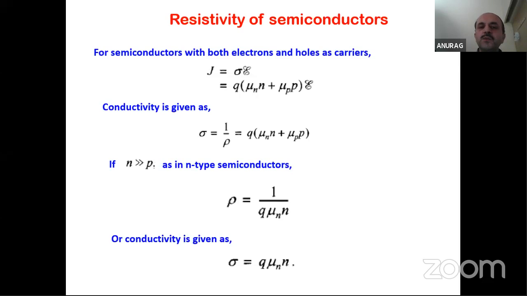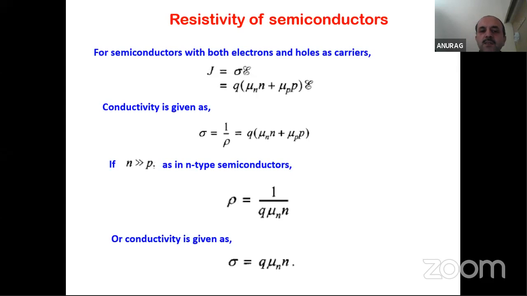So in the flow of DC current inside a semiconductor, the main role is played by the majority carriers. But it's not that the minority carriers are not important. In many cases they also play a very big role, specifically in recombination phenomena. But I am not going to talk about recombination.